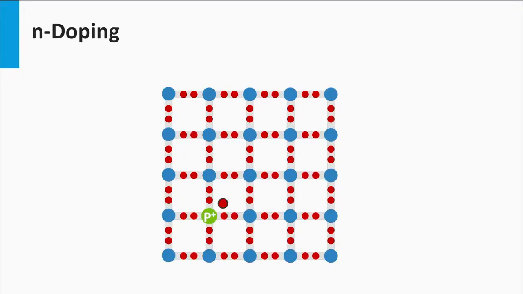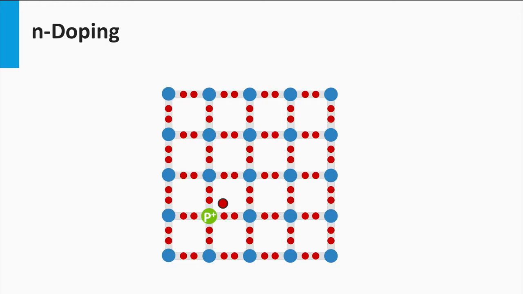First, we are going to intentionally put phosphorus impurities in the silicon network. Phosphorus has 5 valence electrons. The phosphorus atoms will make molecular bonds with its 4 neighboring silicon atoms. Since the phosphorus atom has 5 valence electrons, it has 1 electron left.